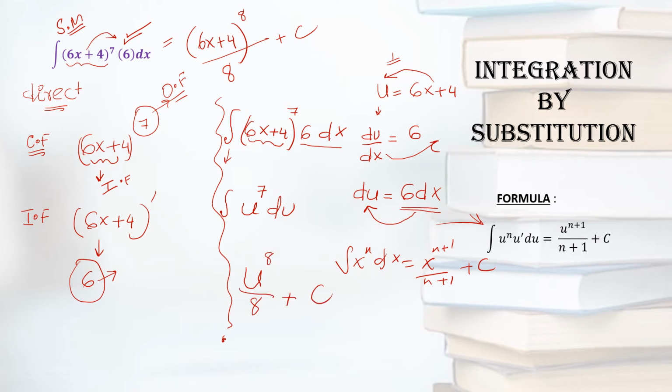Now convert the u into x form, and you already supposed that u equals 6x plus 4. So write down 6x plus 4 in place of u, write the 8 as it is, this 8 in the denominator as it is, and plus c. Now compare: the direct method and the long method have the same answers.